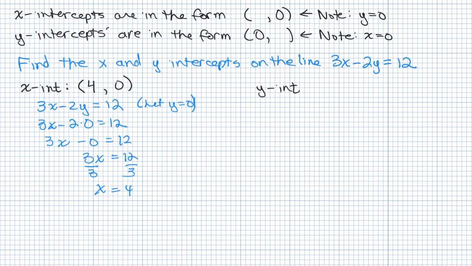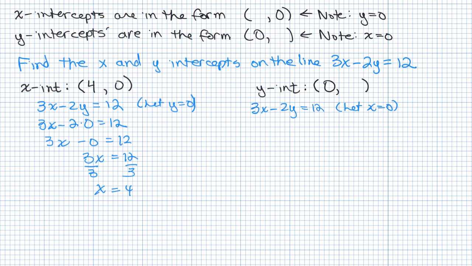All right, we're going to do the same thing to find the y-intercept. So to find the y-intercept, we know that the x-coordinate of the ordered pair is 0. Okay, so if we take the equation again, 3x minus 2y equals 12, this time we're going to let x equal 0, because you can see up here I have 0 for x.